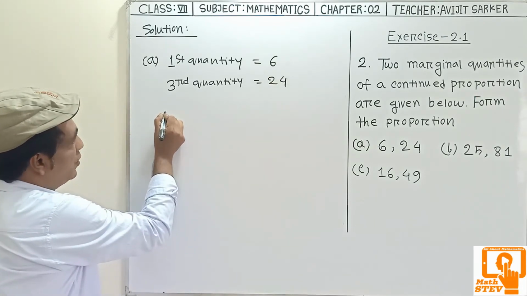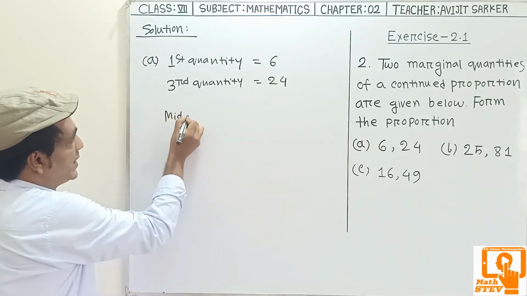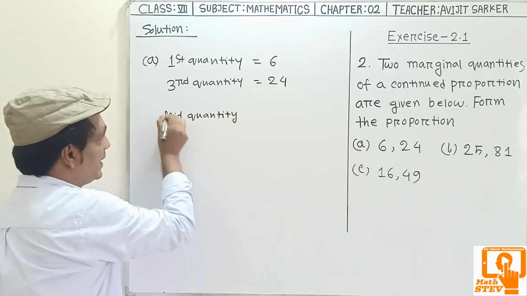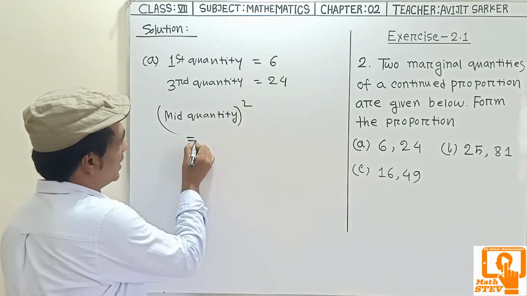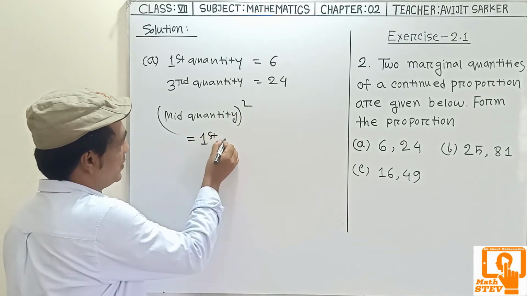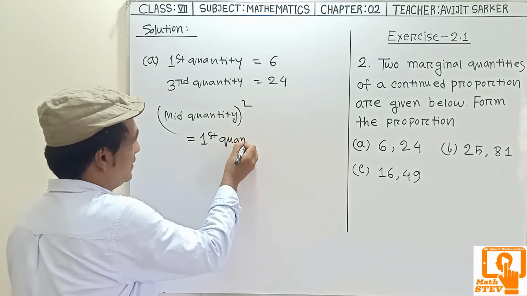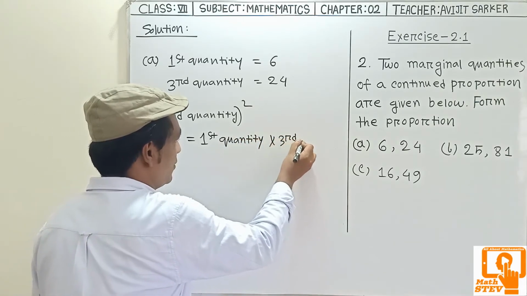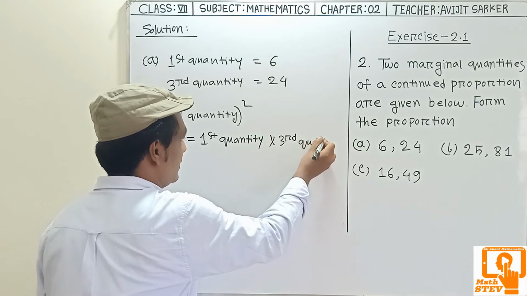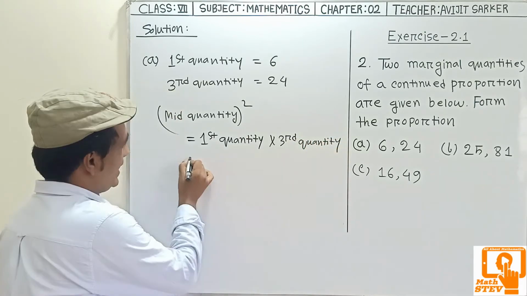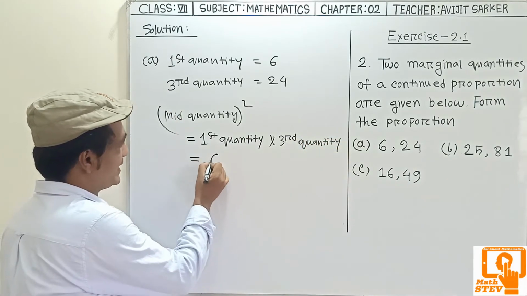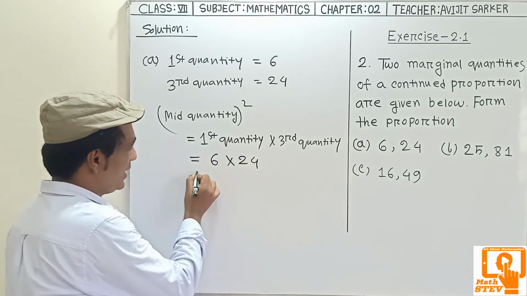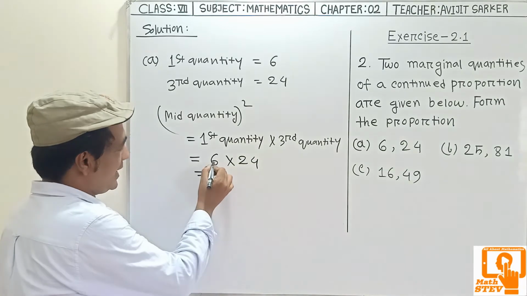Now we know mid quantity square equals first quantity multiplied by third quantity, equals 6 multiplied by 24.